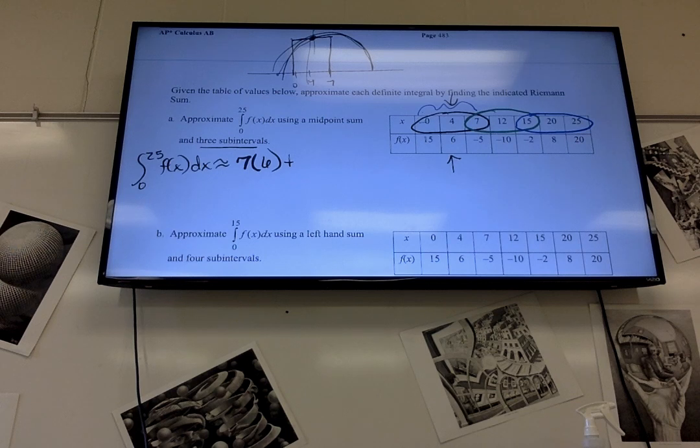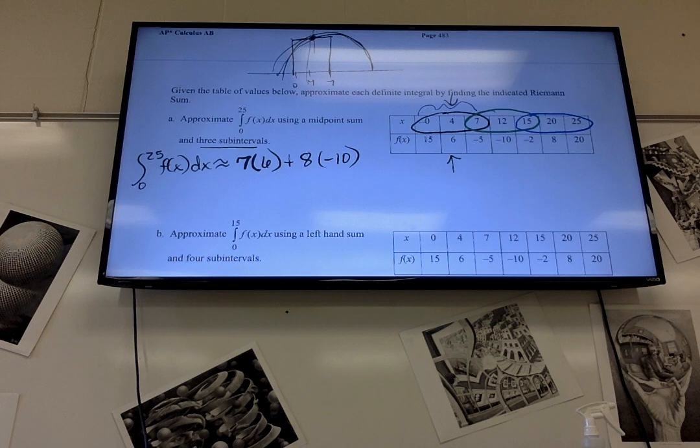Now, if you didn't watch yesterday's video, there may be a little bit of a learning curve here. So for the next one, how wide is it? 8. It's going from 7 to 15, so that's 8. And then what is my height? -10.